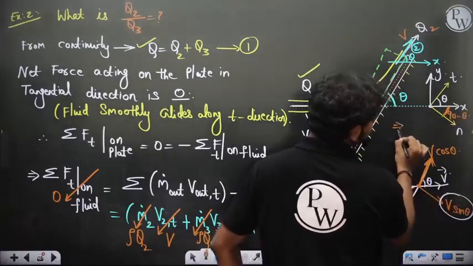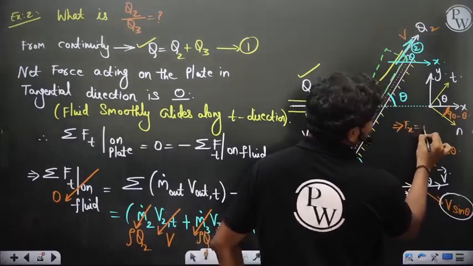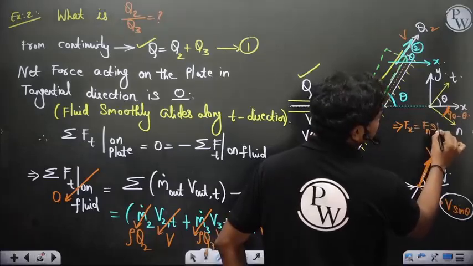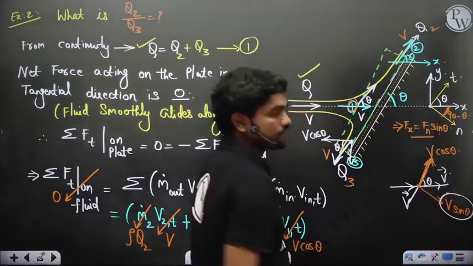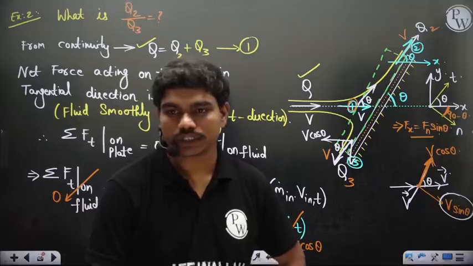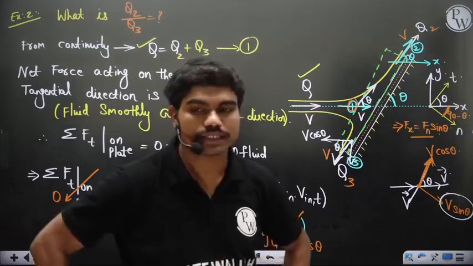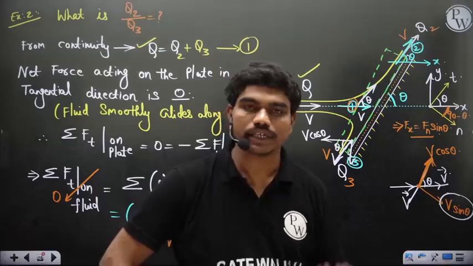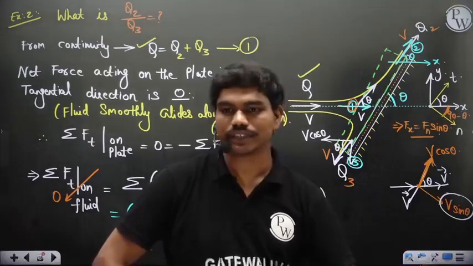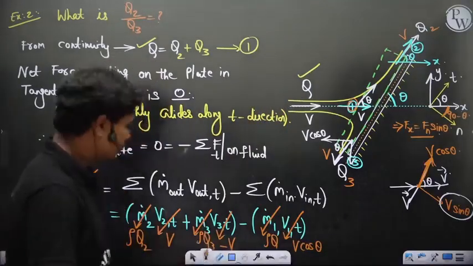This implies, can I write Fx as Fn cos(90 minus theta), which is sin theta? Yes or no? Because if you resolve n onto the x axis, the angle between those two is 90 minus theta. So Fx is Fn cos(90 minus theta), which is Fn sin theta, of course. Correct?